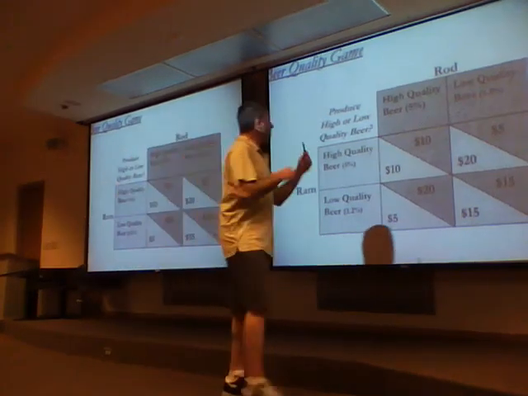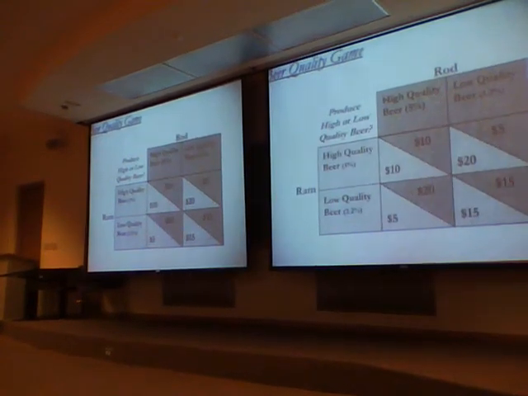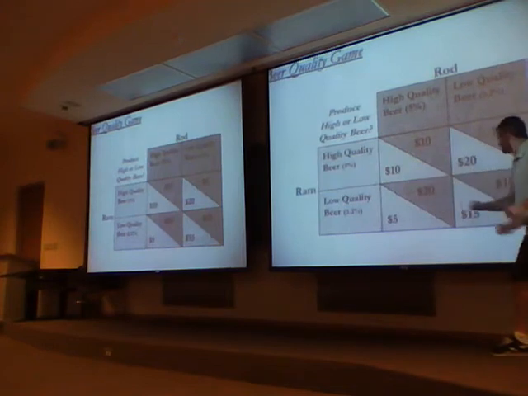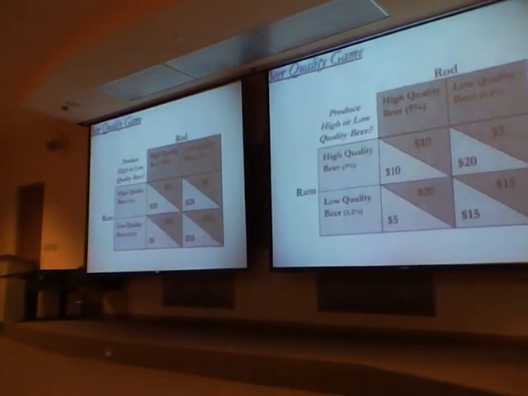The game is set up like this for a particular way. If both choose low-quality beer and you have no one else to go to, they still sell a lot of beer, but they don't have to pay the extra cost of producing high-quality beer. You'll probably agree that low-quality beer is cheaper to make.